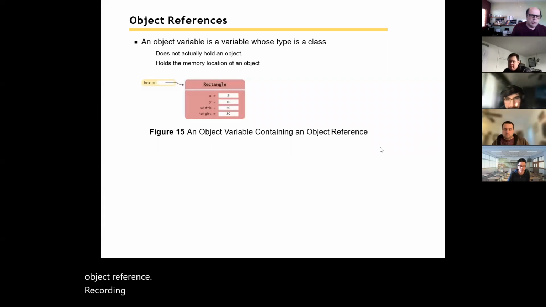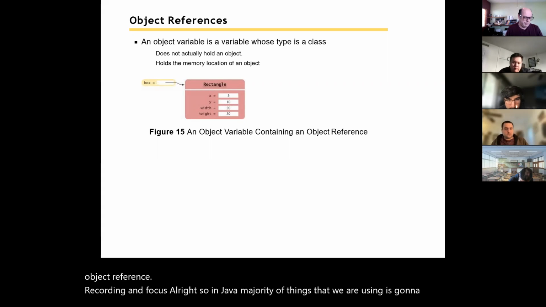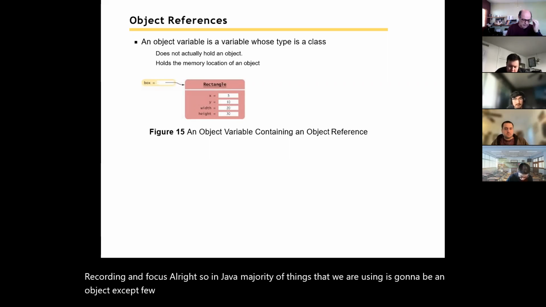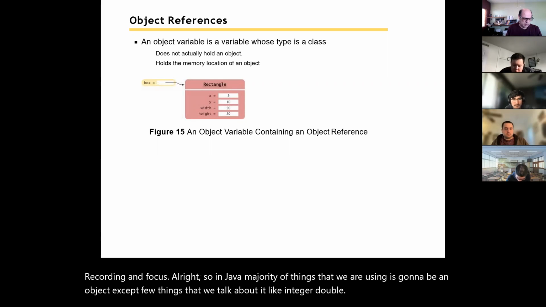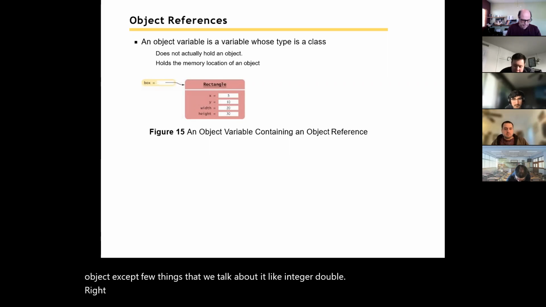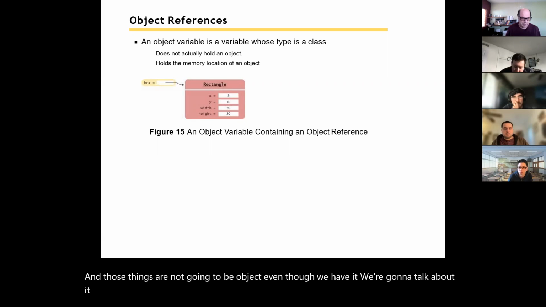All right. So in Java, the majority of things that we are using are going to be objects, except a few things that we will talk about, like integer and double, which are not going to be objects even though we have them. We're going to talk about it later. Majority of things are objects.